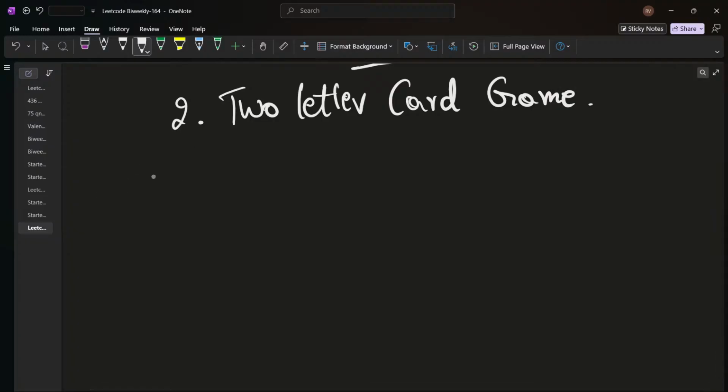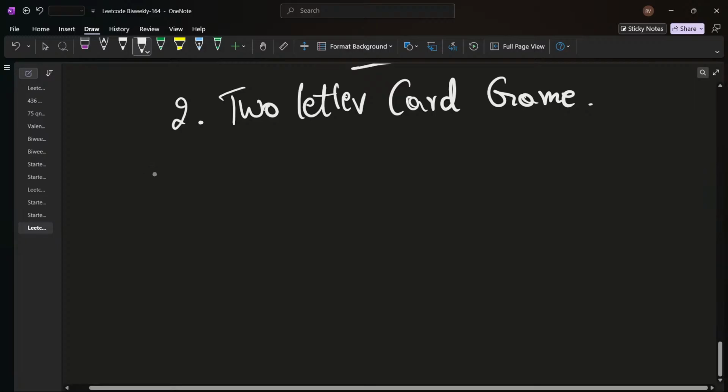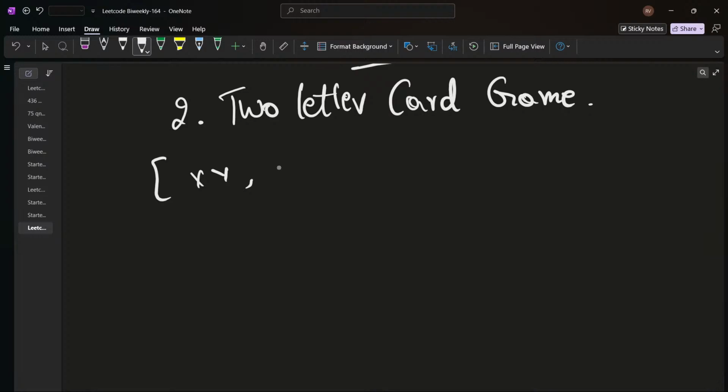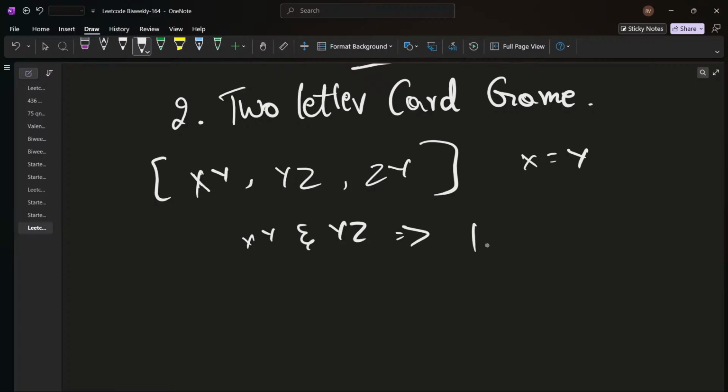Basically, it is compatible if, for example, let me take XY, YZ, and then ZY. And I'll take the target X as Y. So here XY and YZ have a difference of exactly 1.